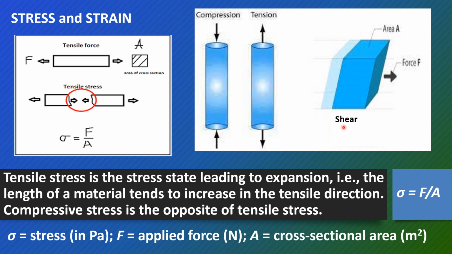And we call this kind of stress shear stress. Okay? The direction of F is such that it is not perpendicular to the area, right? But rather it is along the plane of that surface area.